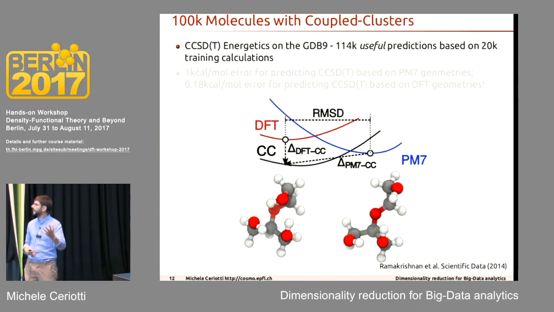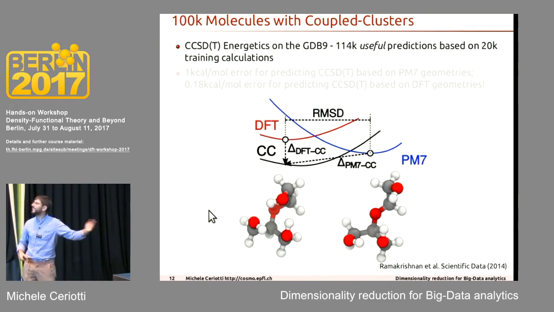Now, this is clearly a pointless exercise, because in order to get the DFT-optimized geometry, I needed to run a DFT calculation. So we also did two other things: starting from knowledge of the DFT geometry, predict the coupled cluster energy, and, much more challenging, starting from knowledge of the geometry optimized at a semi-empirical level, predict directly the coupled cluster energy for the DFT geometry.